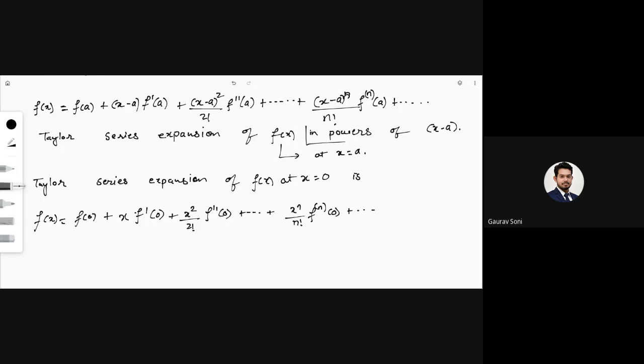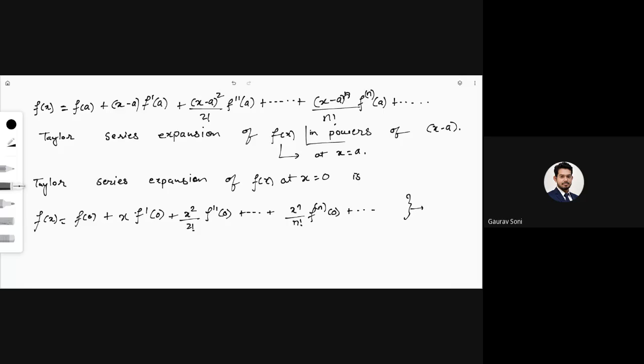What is this? The students who have given JEE, can you identify this series? Sir, e to the power x expansion, I guess.